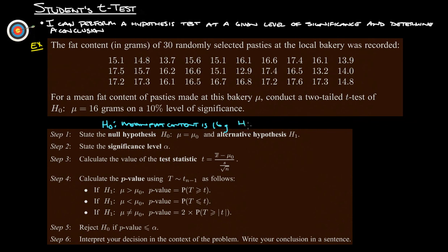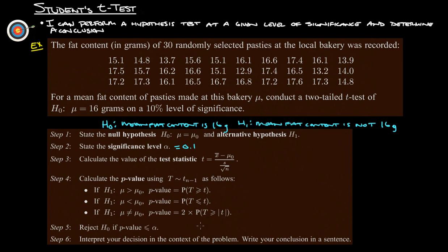Okay, so that means the alternative hypothesis is that it's not 16 grams. Mean fat content not 16 grams. State the significance level. They told us that it is 0.1, which is 10%.